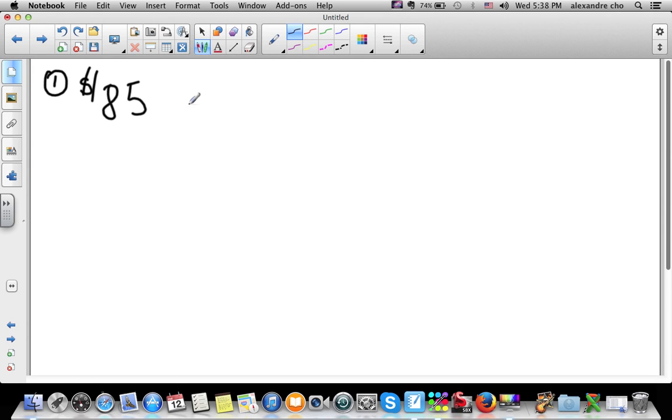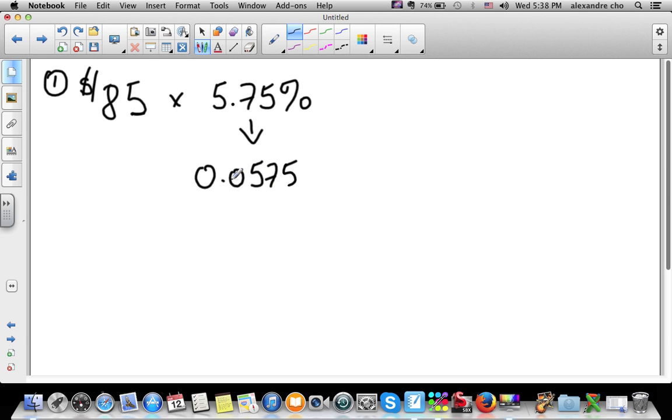Step one, you want to find the tax. So $85, what you're paying no matter what, and they're charging you a tax of 5.75% of your food bill. That changes to 0.0575 because you're moving the decimal 2 spaces to the left, and you're multiplying 85 times that.